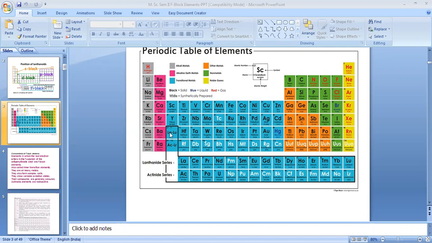Here again there is a black colored border shown for the 6th period and the 7th period, and this is the third B group of the periodic table, scandium, yttrium, and here the series starts. All these elements are known as the transition elements or D block elements, and the series of elements situated in between these transition elements is known as the sub or inner transition elements.